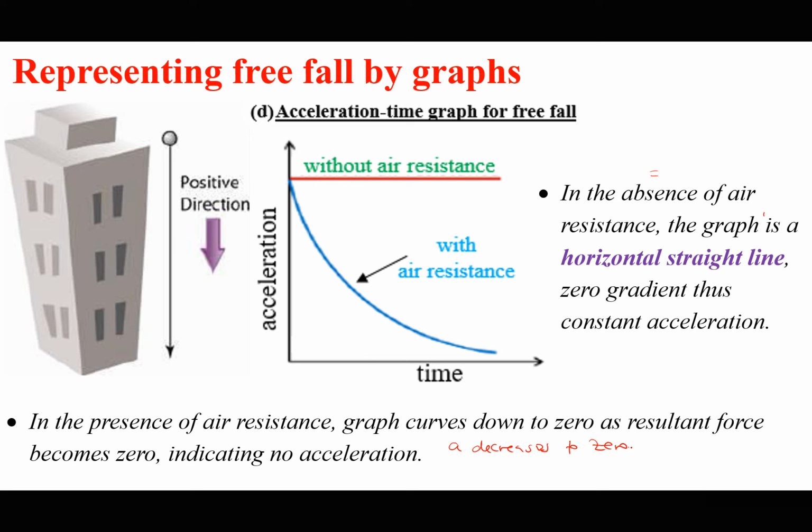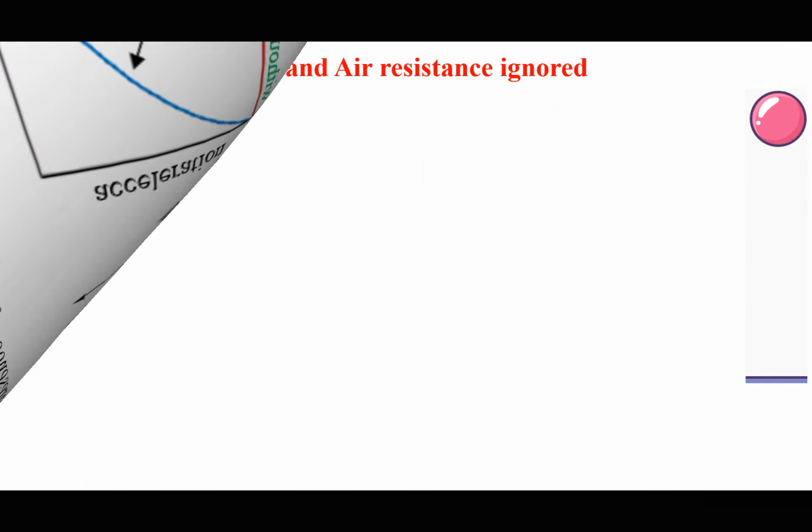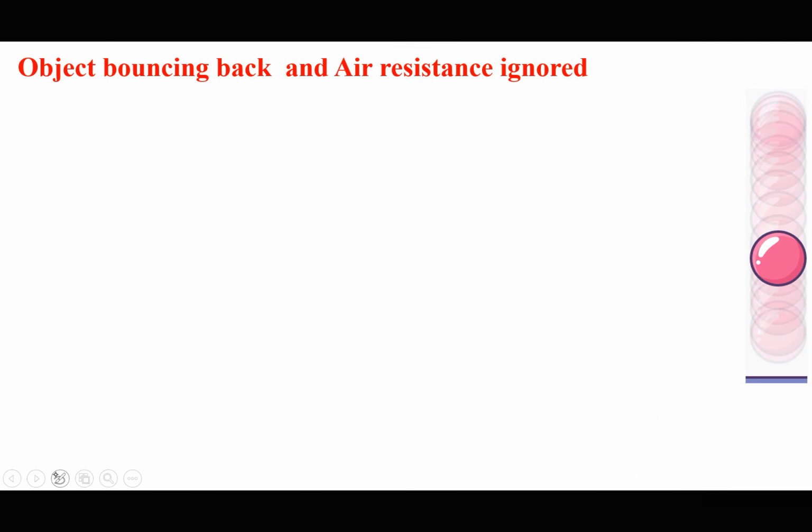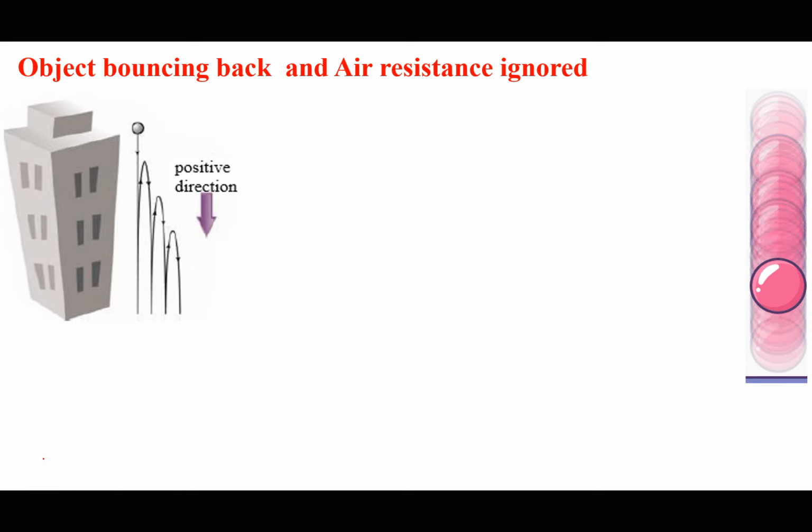Okay. Now we have seen a body falling freely in air. Suppose the body then bounces. There's a possibility of a body falling and then bouncing. So let's again consider a situation where a body is falling from a building but then it bounces.